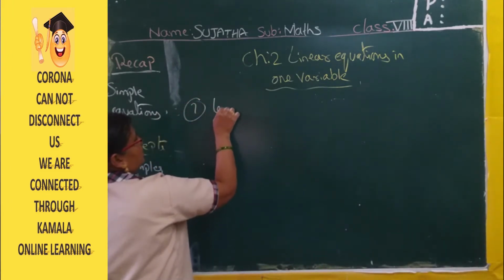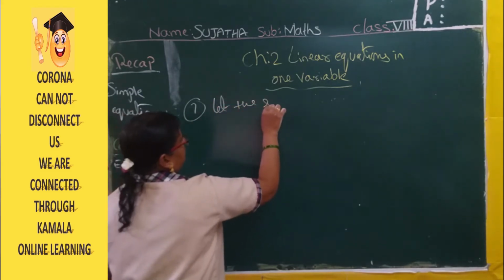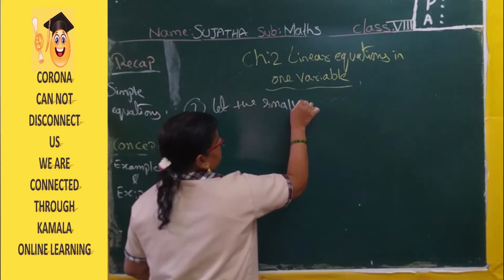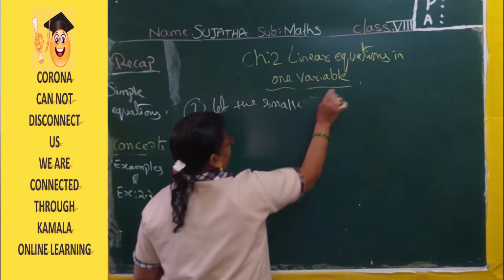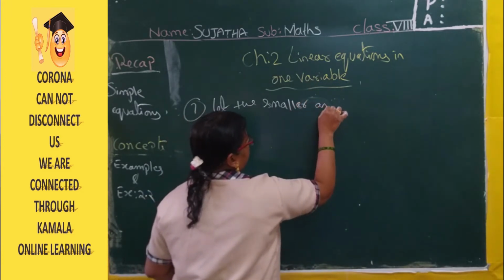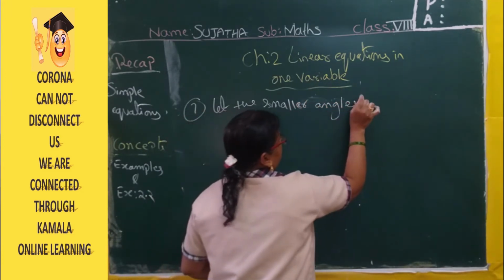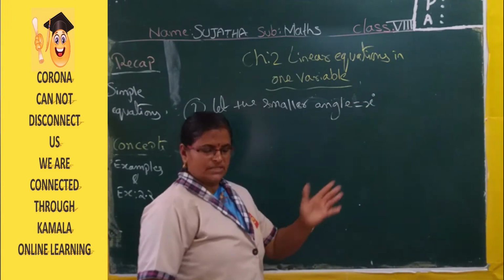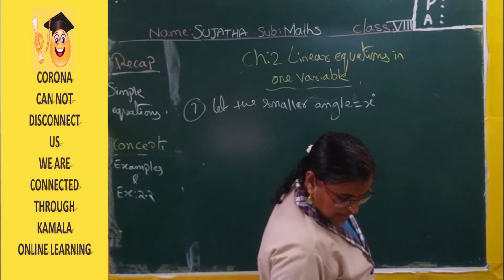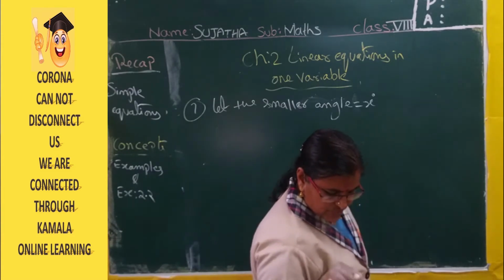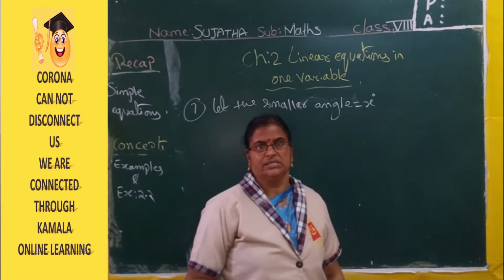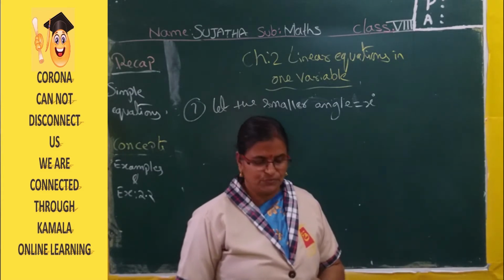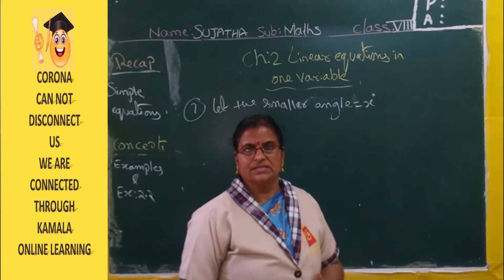Example: let the smaller angle, smallest or smaller, anything you can write, be equal to x degrees. Then what is the next one? The two angles differ by 34 degrees. Two angles differ by 34 means the difference.